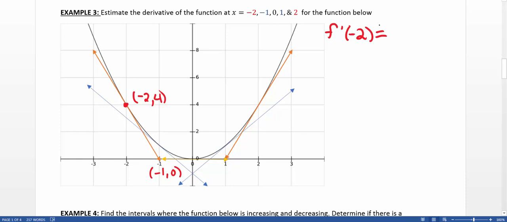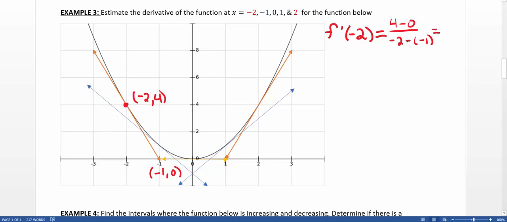And the derivative is the slope of the tangent line, which I'm going to calculate by doing change in y over change in x. So my change in y is going to be 4 minus 0. And then my change in x is going to be -2 minus -1. So on the top, I have 4.